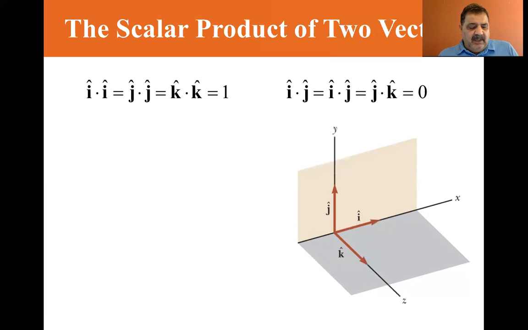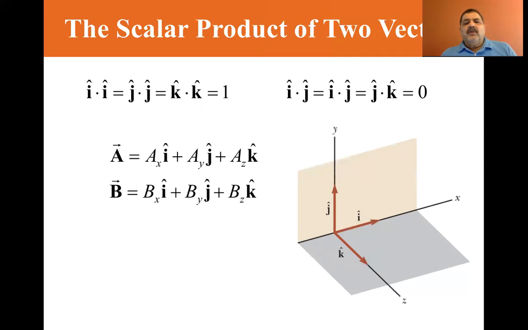So if A is AX I plus AY J plus AZ K, and B is equal to BX I plus BY J plus BZ K, if you dot those, everywhere you have I dot J, I dot K, or J dot K, those all equal 0.